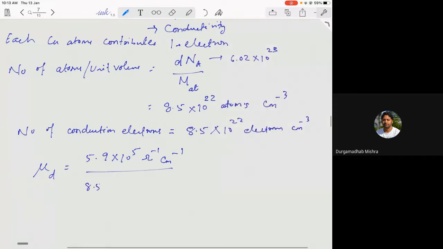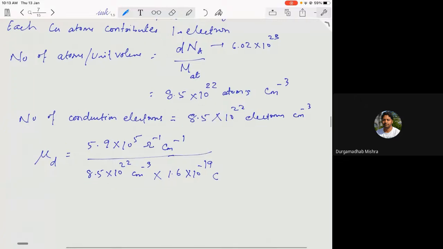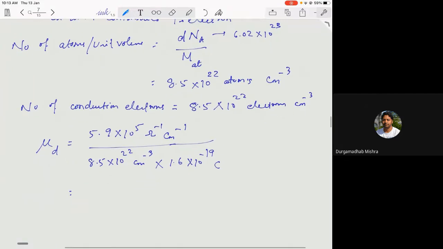And then we substitute 8.5 into 10 to the 22 centimeter minus cube into the electronic charge, which is 1.6 into 10 to the minus 19 coulomb. Now if you simplify or solve this, you will get a value of 43.4 centimeter square volt inverse second inverse.